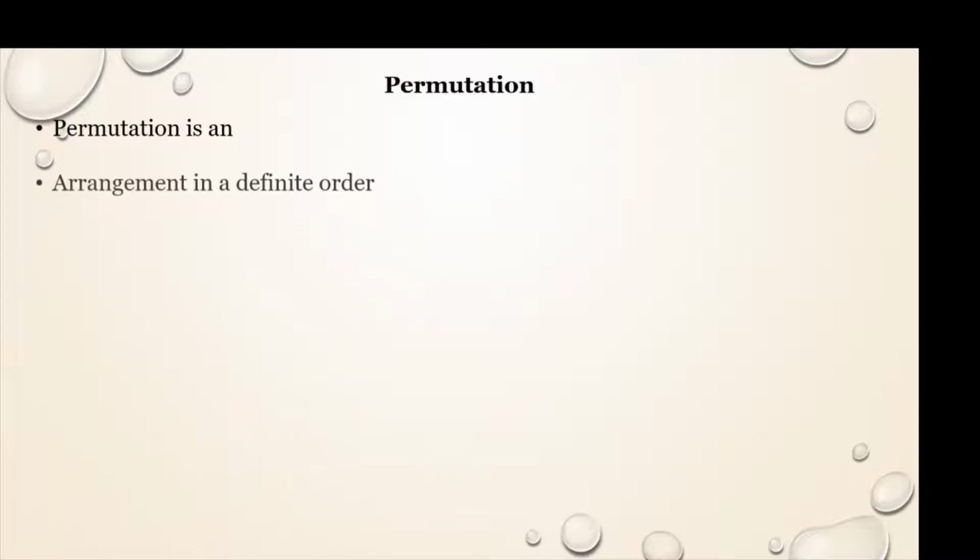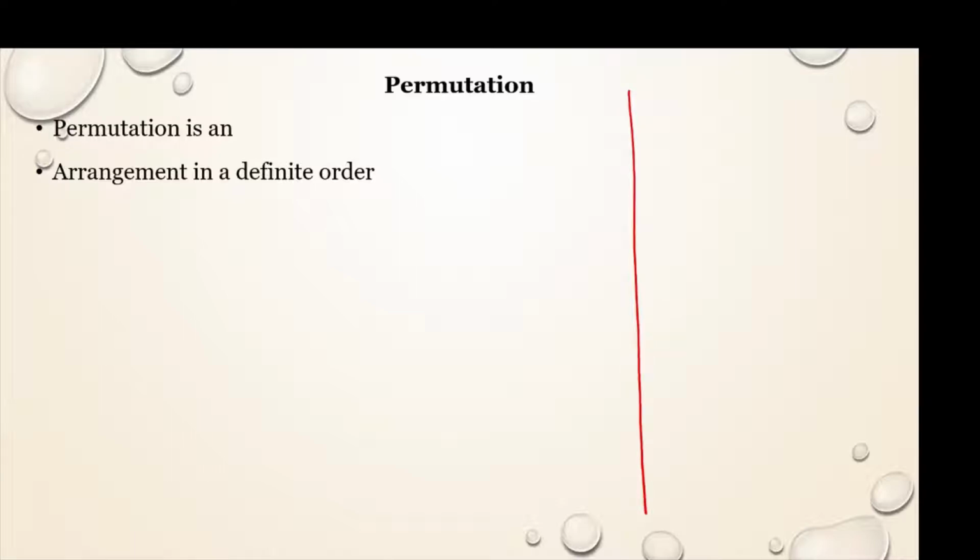Let us first see what is permutation. Permutation is an arrangement in a definite order. What are we arranging?